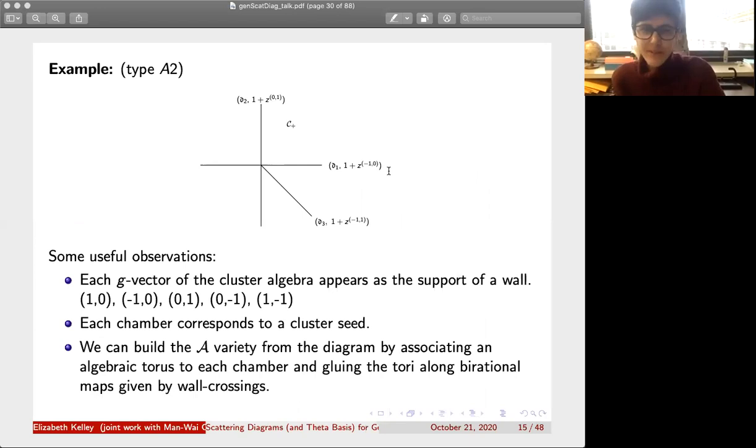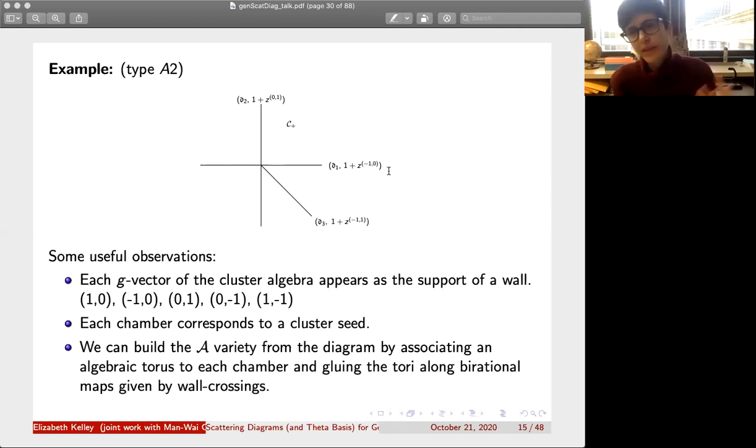Okay, so if we go back to our example, I'm going to point out a couple observations. Again, I think these will probably be mostly interesting to people who have a little familiarity with cluster algebras. One statistic that we like in cluster algebras is something called a G vector, which appears as an exponent, sort of. Basically, there's a unique G vector for each cluster variable depending on the initial seed you picked.